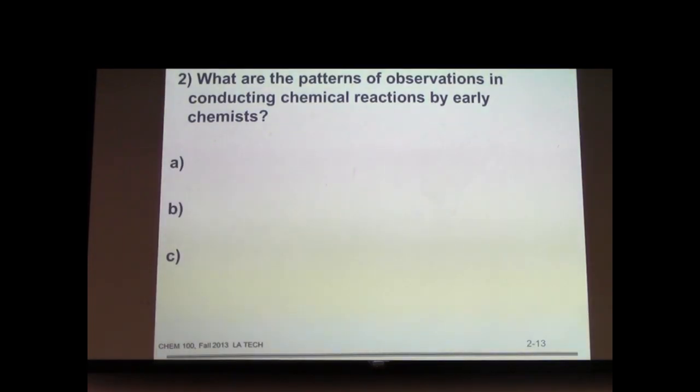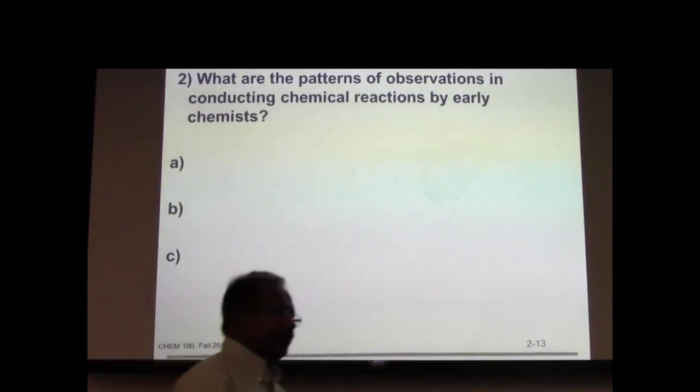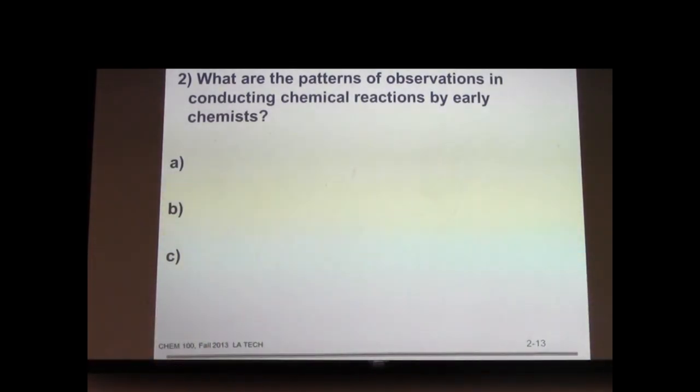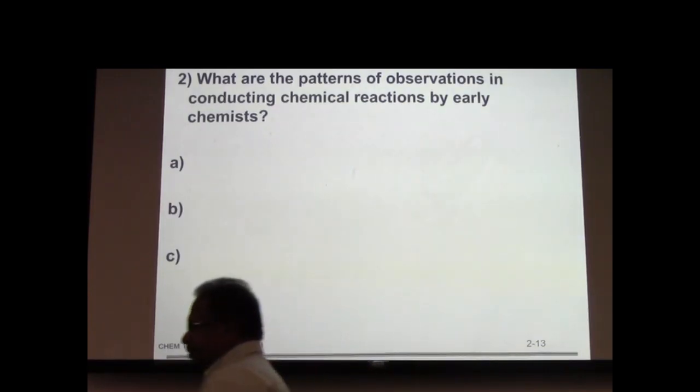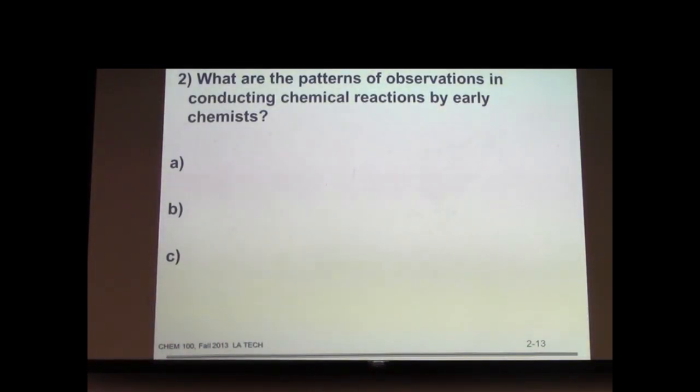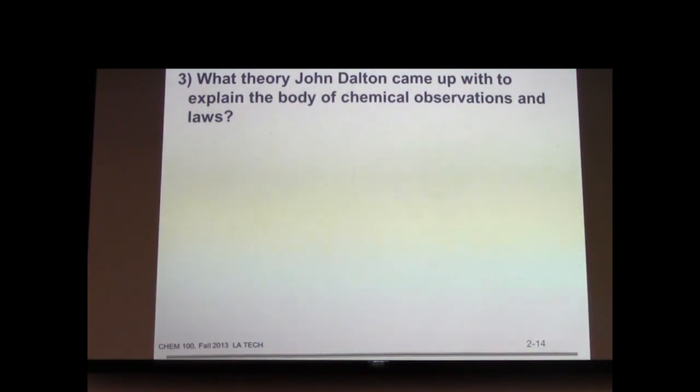Then the law of multiple proportions: when two elements combine to form two different compounds, there's a multiple of weights of the second element, indicating that ratios are different, but they reflect 1 atom and 2 atoms in the other case. That's the multiple proportion.